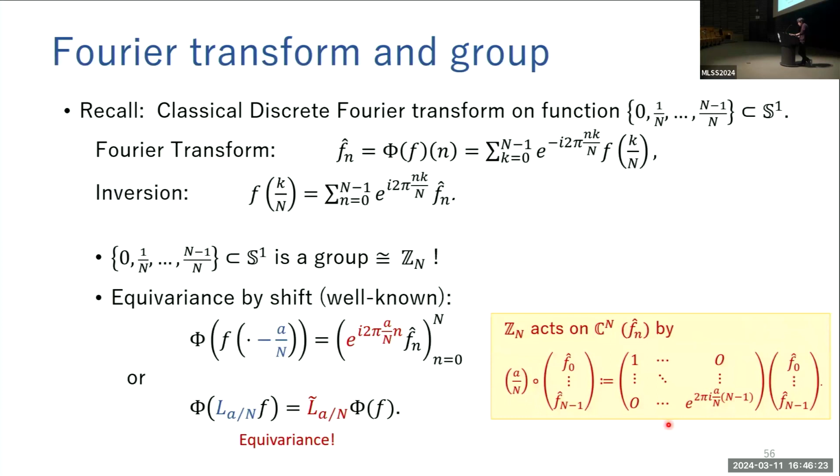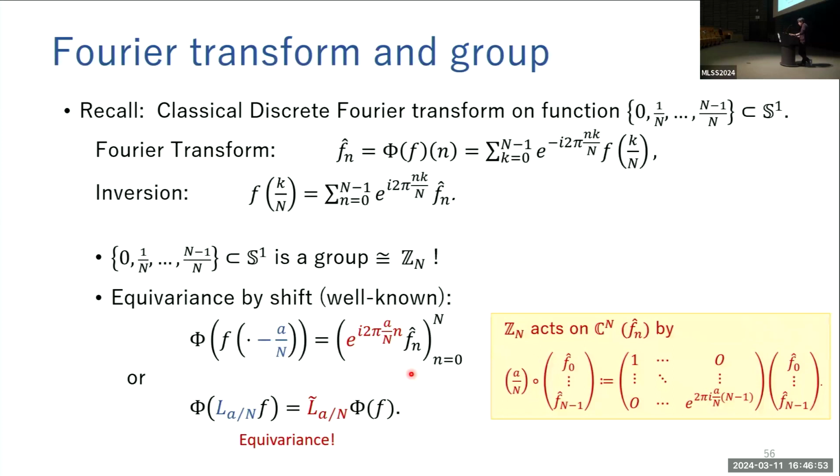And we can see that this is a kind of matrix multiplication, if we expand this as a matrix form. And also, this matrix form can be regarded as the group action of this endpoint on the unit circle to the vector given by the Fourier transform of the original f.